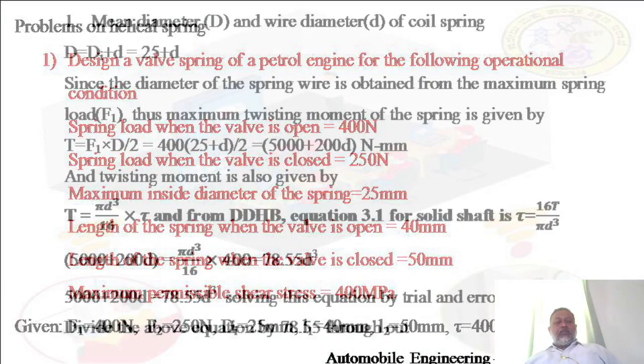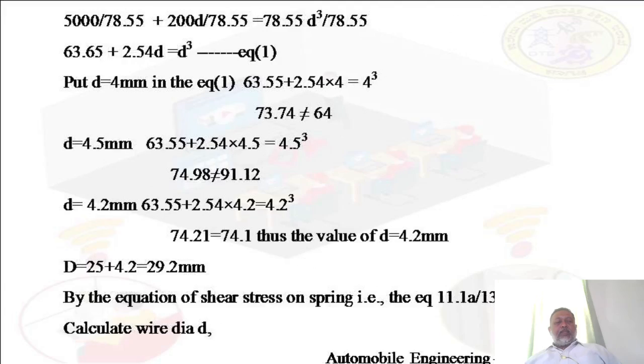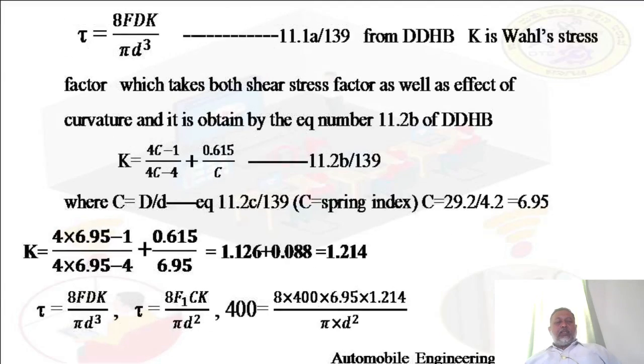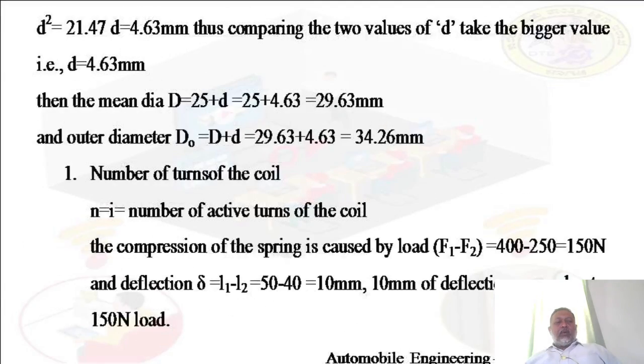So you just take the difference, 50 minus 40, which is 10, and that is the deflection. The load is also given for open and closed valve, 400 minus 250, which gives 150 load.